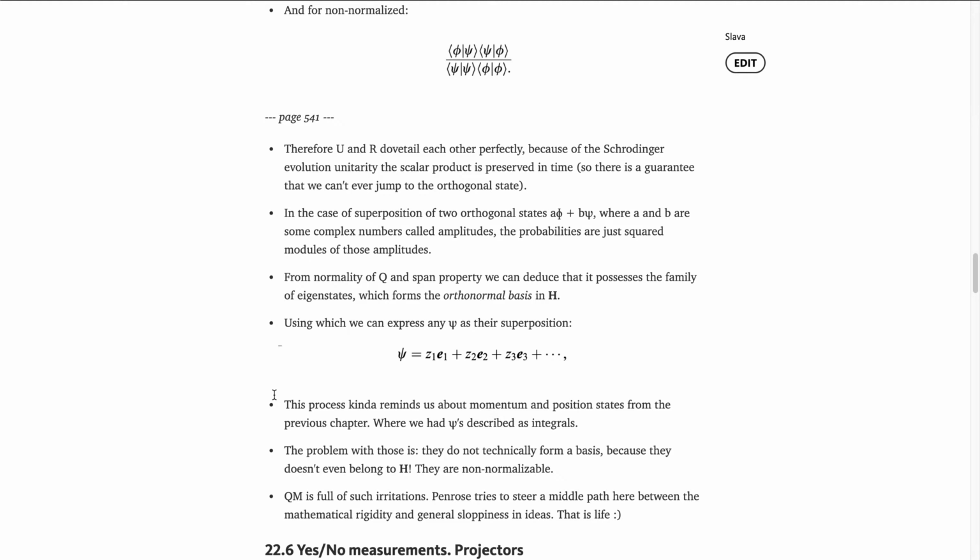Yeah. The only other thing is, this is the first time I've heard of people letting the operators be non-Hermitian, so that you can get complex eigenvalues. This is sort of a new concept to me, but I guess we can run with it.